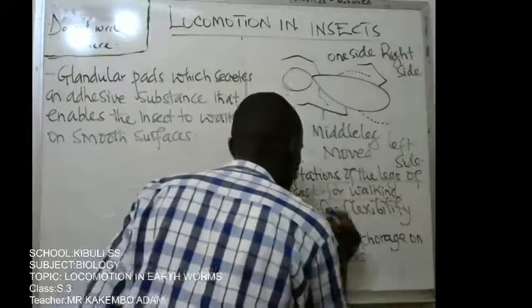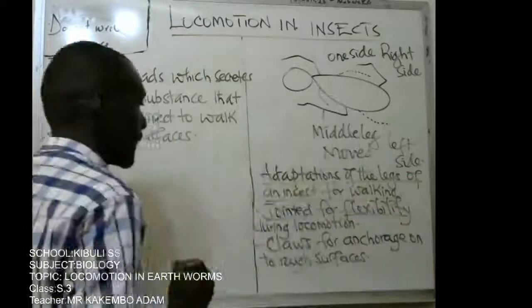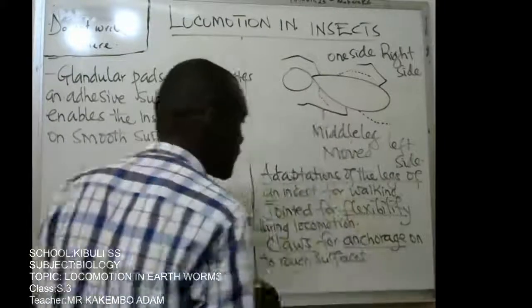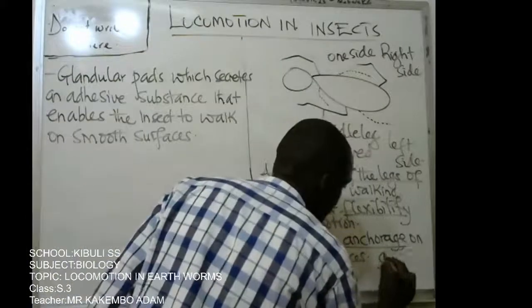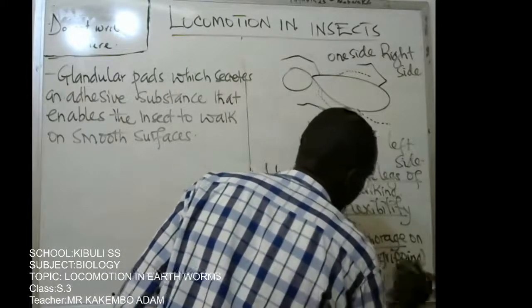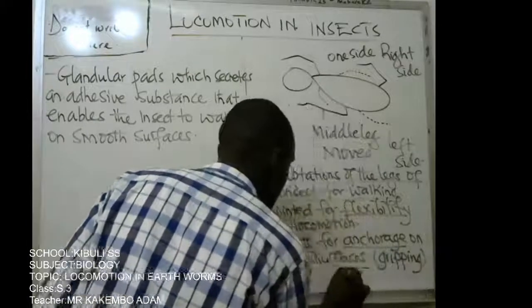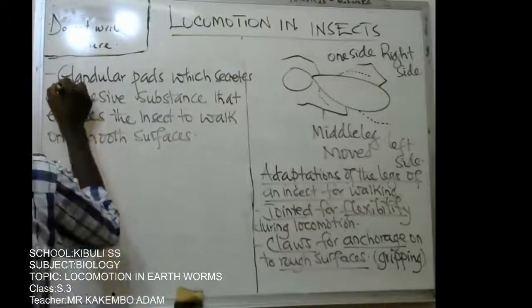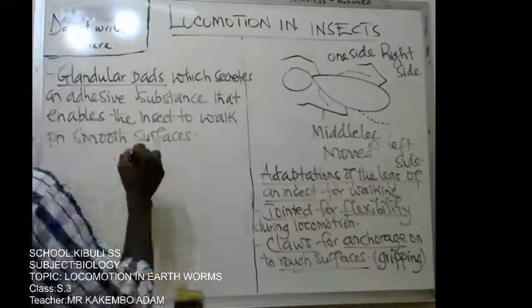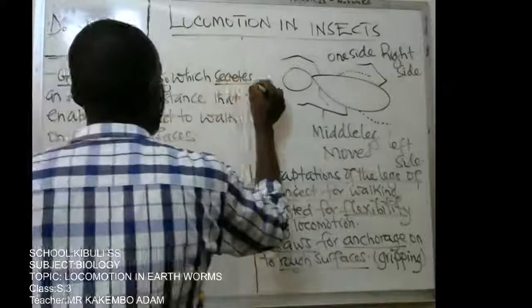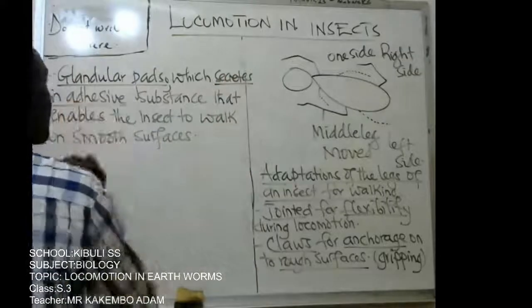Jointed for flexibility. The claws for firm anchorage and gripping. You can substitute anchorage with the word gripping, for gripping onto rough surfaces. Then we have said the leg of the insect has glandular pads. The glandular pads secrete an adhesive.